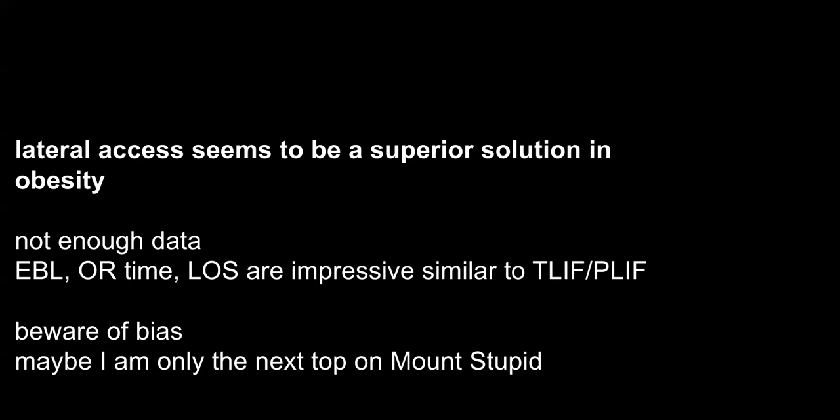The patient is happy, but beware of the bias. When we do surgery too aggressively in obese patients, maybe we will have a decline in our outcomes because of bad selection of these patients.